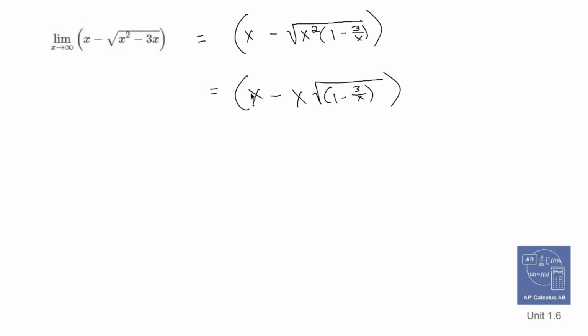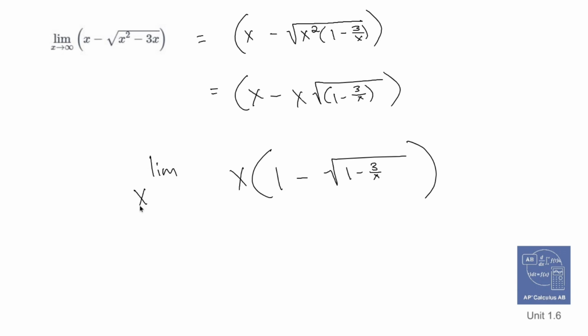Okay, since there is an x in common in both of these, I can pull an x out, and I'm left with x times 1 minus the square root of 1 minus 3 over x. Now that I have 3 over x, I can apply the limit a little bit better.